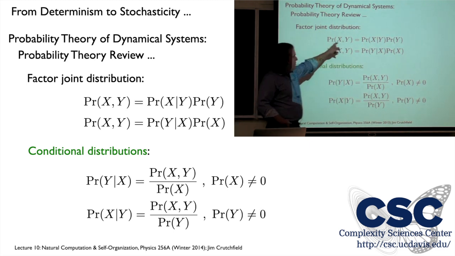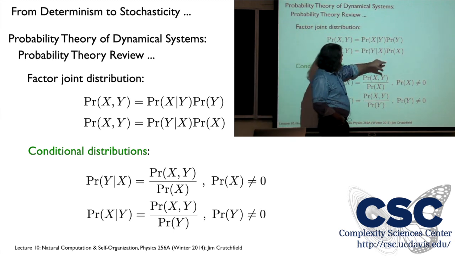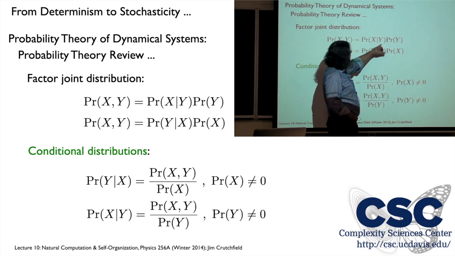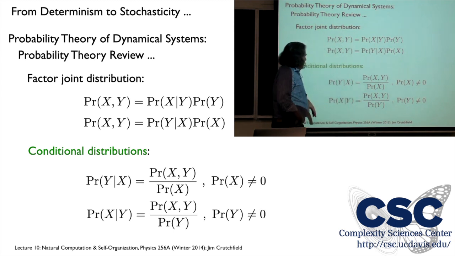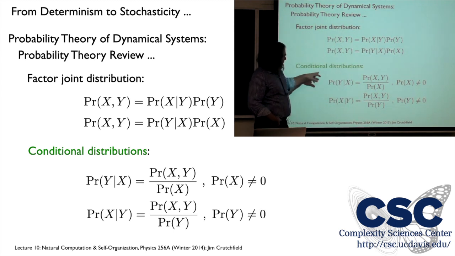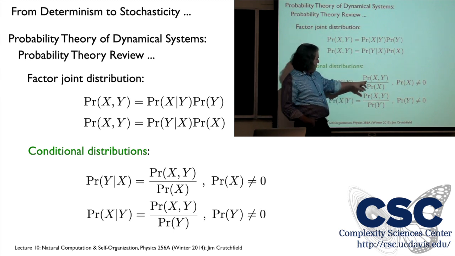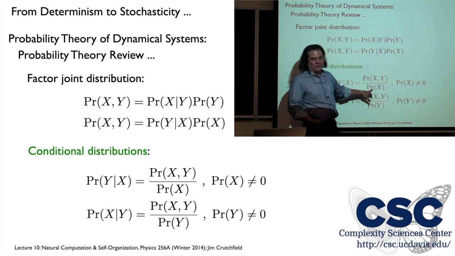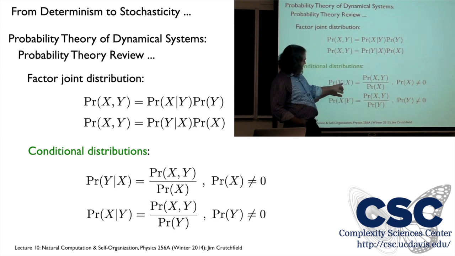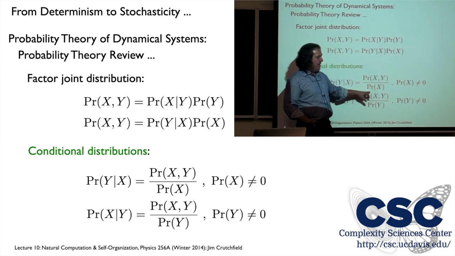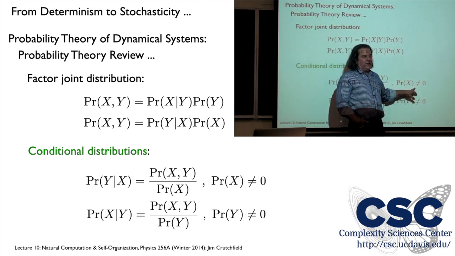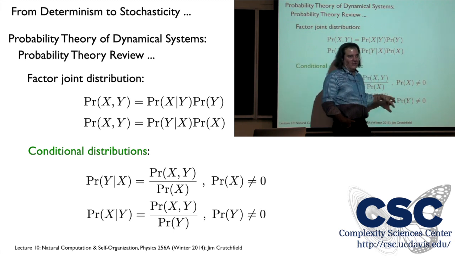Comparing and contrasting the two different factorizations often leads to interesting results. So what are these funny things here? These conditionals, probability of x given y, probability of y given x. Well, they're essentially defined as the ratio of the joint distribution over the marginal. So the probability of y given x is the probability of the joint over the probability of x. Obviously, we can only do this, and it's only well defined, when the x events occur with some probability.